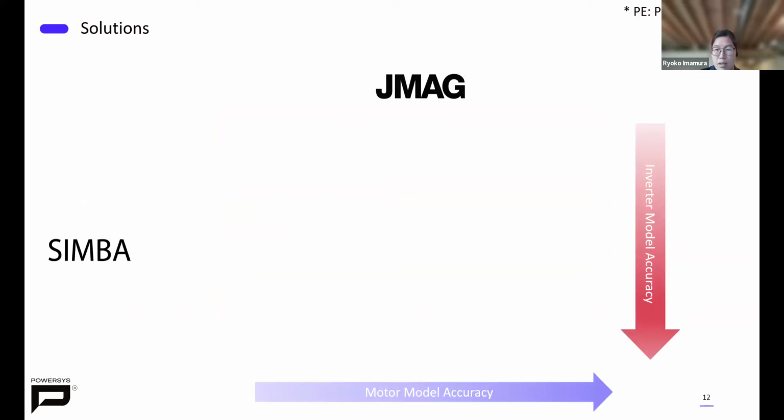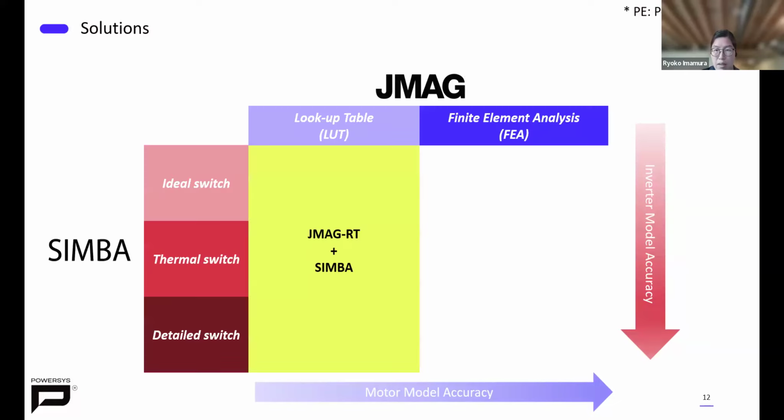In this slide, we will see how SIMBA and JMAG work together. In the top left, SIMBA covers ideal switches, thermal switches, and detailed inverter models with JMAG-RT models, which are pre-computed lookup tables from JMAG. This setup runs fast, with the limited flexibility of JMAG-RT.